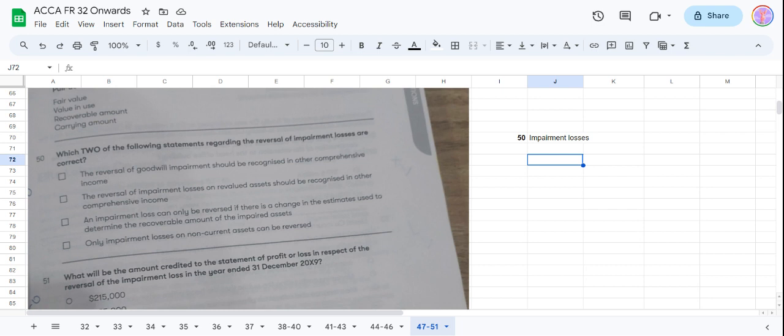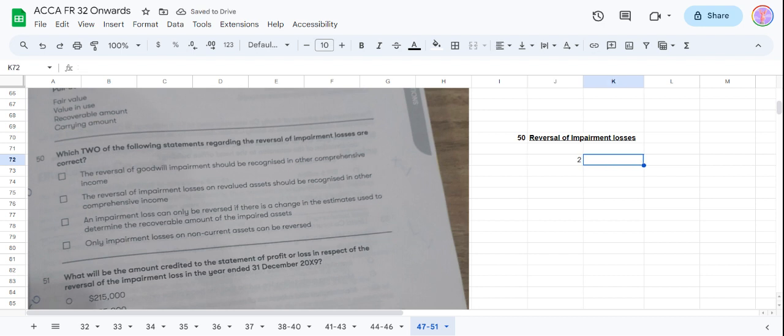The reversal of impairment losses on revalued assets. All these four options are talking about reversal of impairment losses.